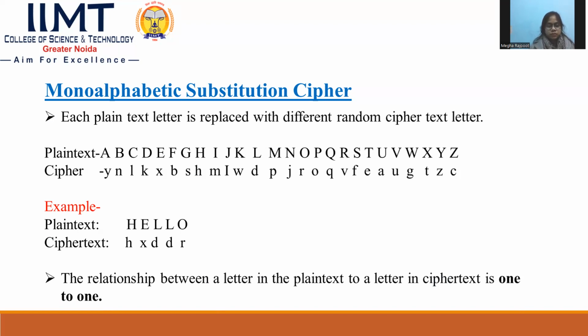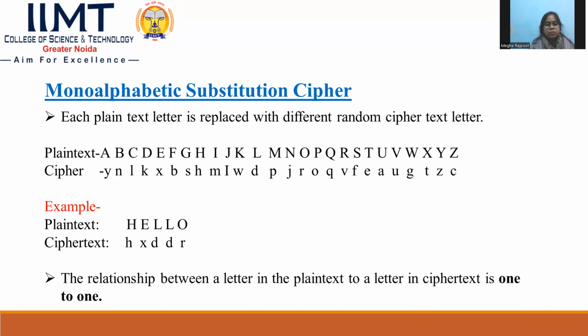So this is the example of monoalphabetic substitution cipher. Suppose we have the plain text, meaning the sender sends the message HELLO, and when we apply the encryption method, it converts into the ciphertext by using monoalphabetic substitution cipher. H is converted into h, E is converted into d, and L is converted into D, and the next L is converted into the same letter.